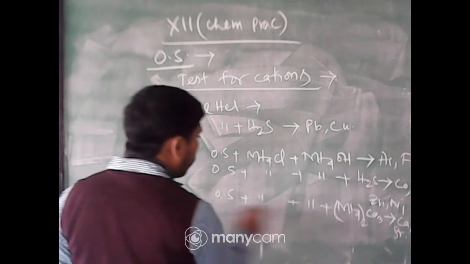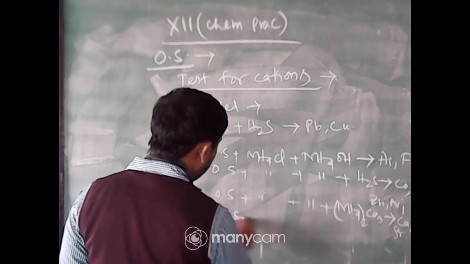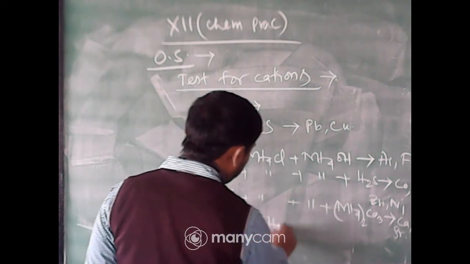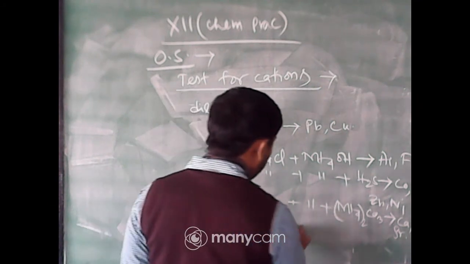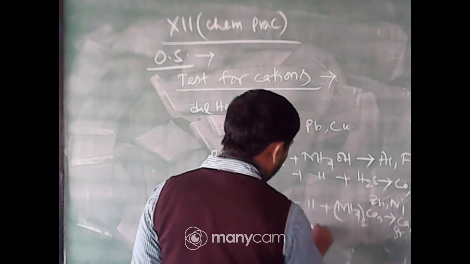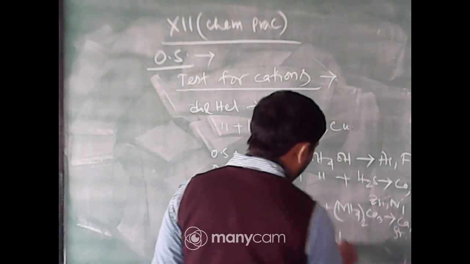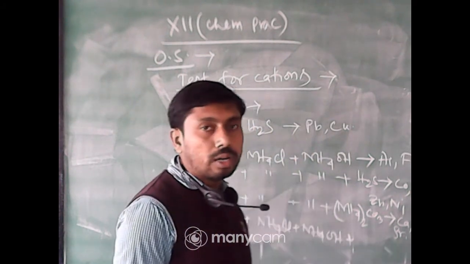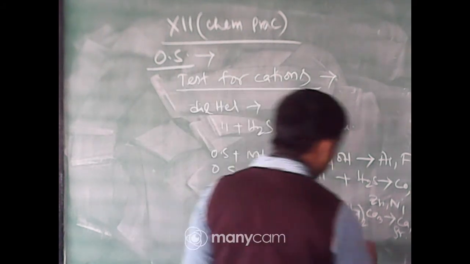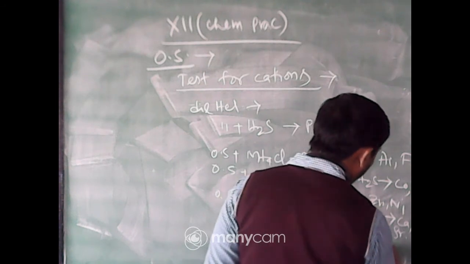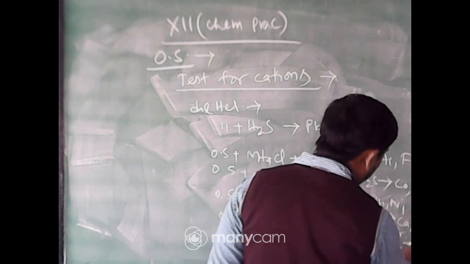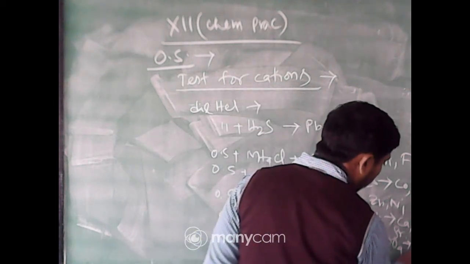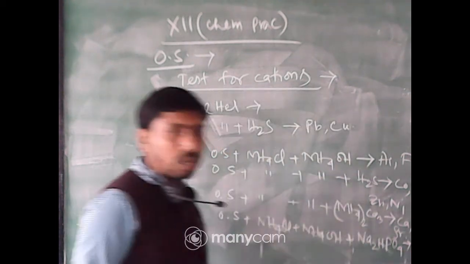And in group 6, there is only magnesium, that is NH4Cl, NH4OH, and then you can use sodium oxalate or disodium hydrogen phosphate. We will use Na2HPO4, disodium hydrogen phosphate, to detect magnesium. This is only one radical.